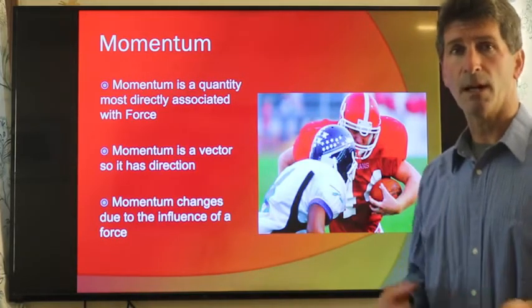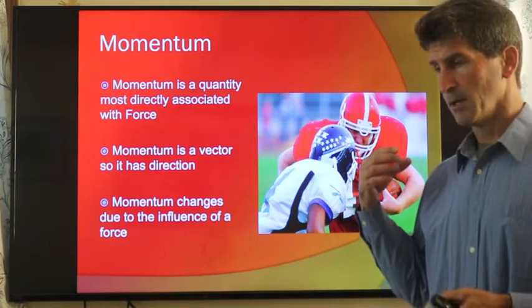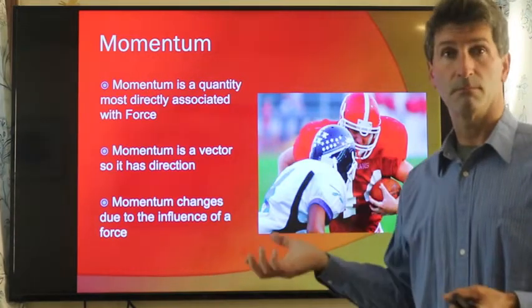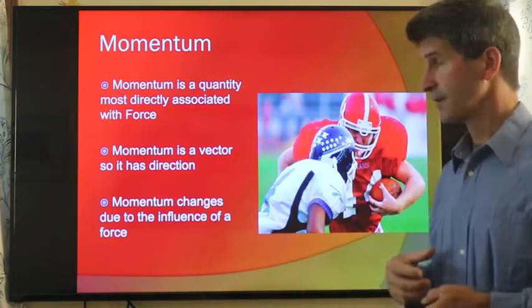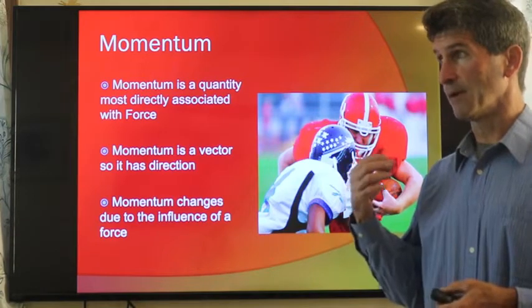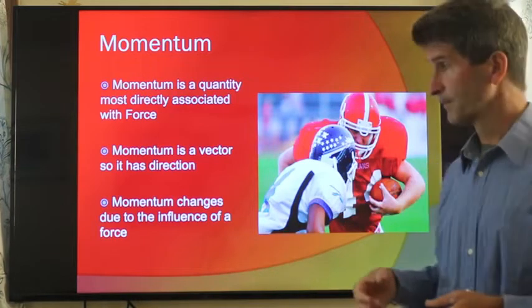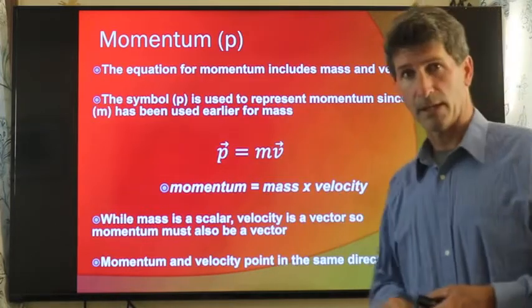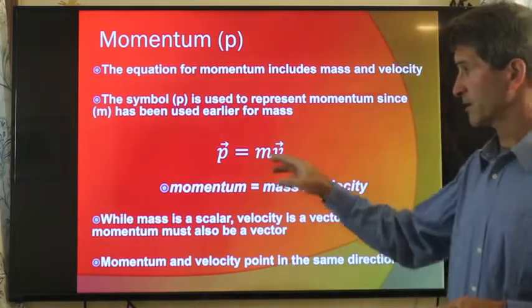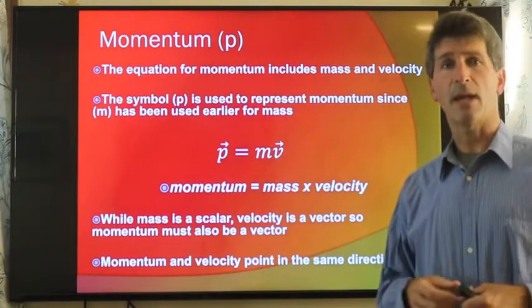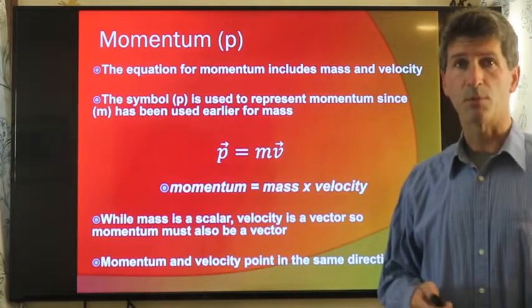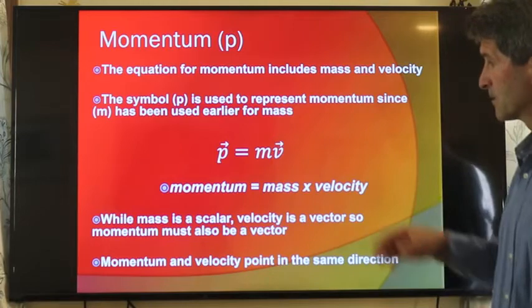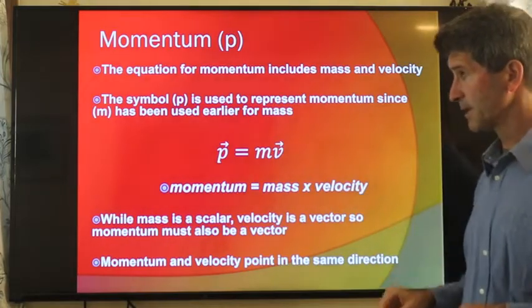But it really combines the two. It combines inertia, which is measured by mass, with the idea of how much you're moving, velocity. One way of looking at momentum is the product of mass times velocity. It's really how difficult it would be to bring something to rest. So momentum is mass times velocity.